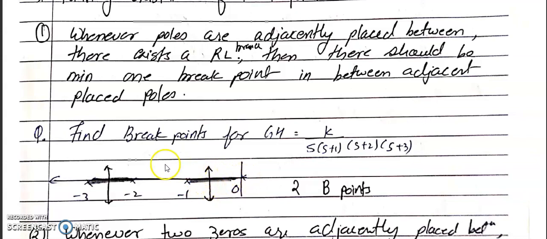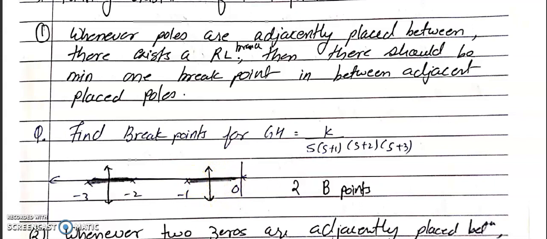Okay, so we have discussed this example and plotted it. There are four poles: 0, -1, -2, -3. We discussed that the root locus lies between 0 and -1 and between -2 and -3. So there are two adjacent poles. Point number 1 says that if there are two adjacent poles and root locus exists between them, then there is always a break point.